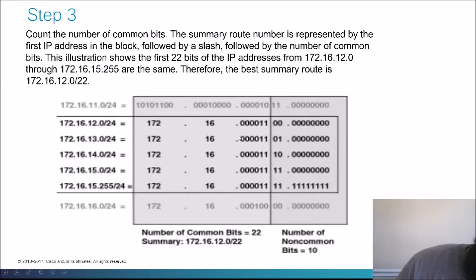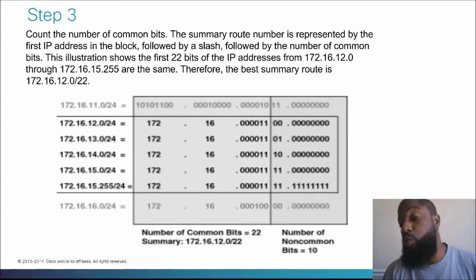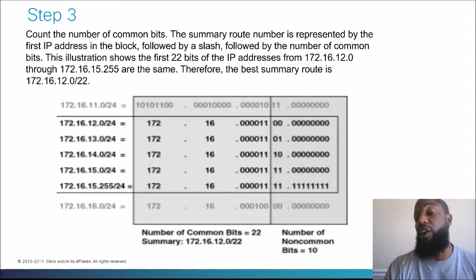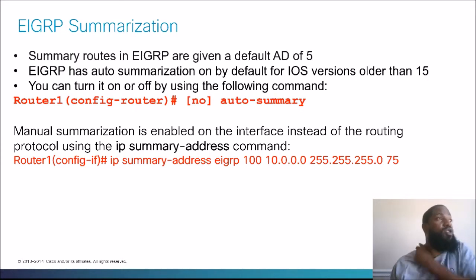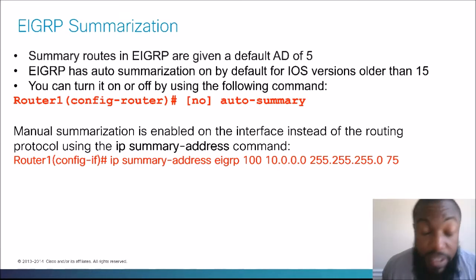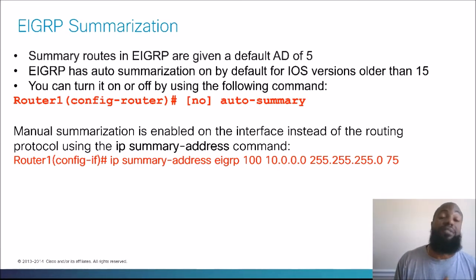I don't know if I explained that really well, but we'll do another example for the GNS3 lab. So, EIGRP summarization. Now, each of the three routing protocols that we study for in the CCNP ROUTE exam, they all have their own ways of entering the summary route in the CLI. Now, computing them is the same though.